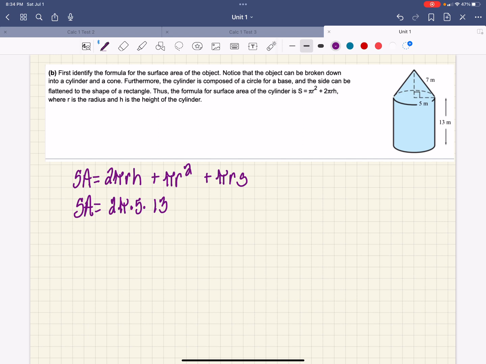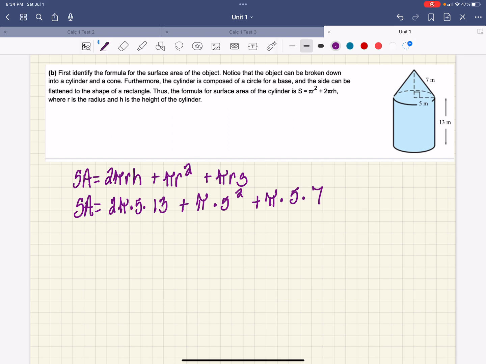Yes, I did. I just wrote it in a different order. Okay, and then I have pi times r squared, so that's going to be 5 squared. And then we have pi times our radius times our slant.